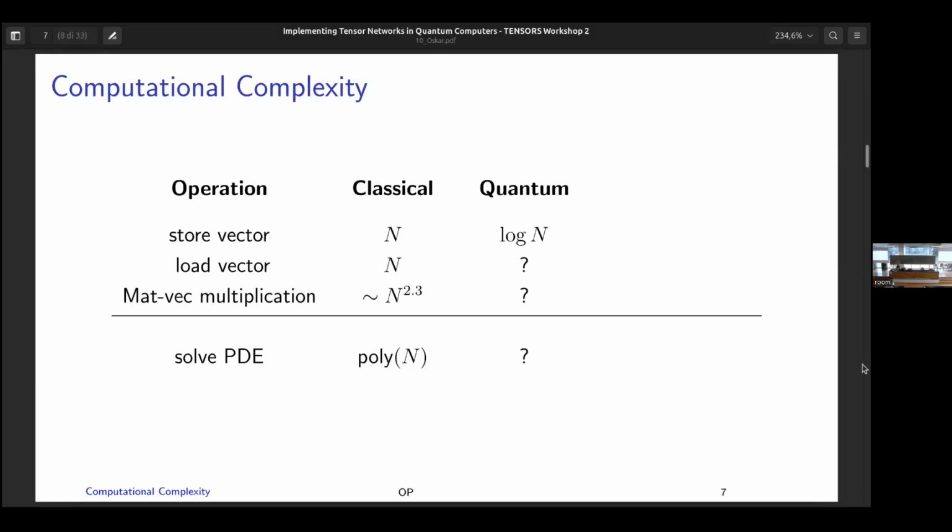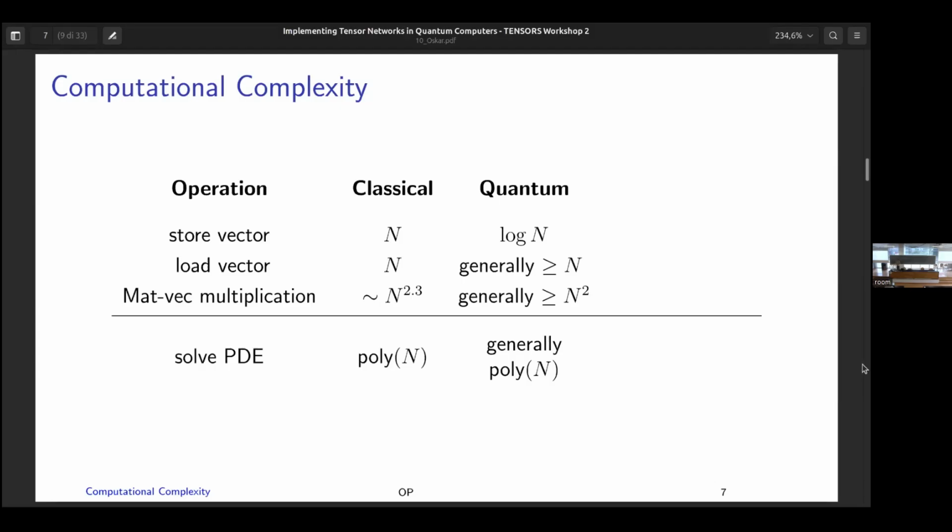And for matrix-vector multiplication, the fastest algorithm is some n to the power of 2.3, or what is actually used is 2.7, but whatever. It's still polynomial. So we know that solving PDEs is usually going to take polynomial time using this naive approach. How does it scale on a quantum device?